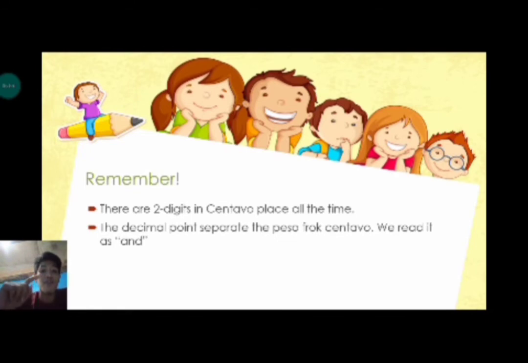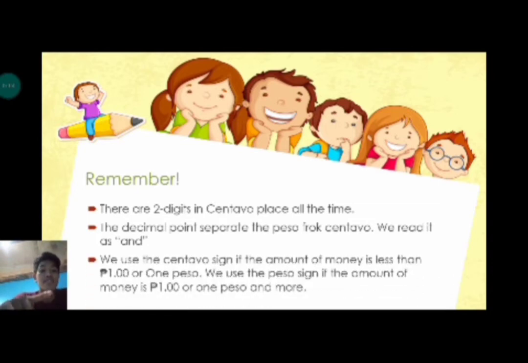The decimal point separates the peso from the centavo. We read it as and. We use the centavo sign if the amount of money is less than 1 peso. We use the peso sign if the amount of money is 1 peso or more.